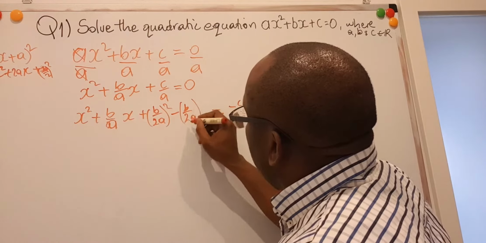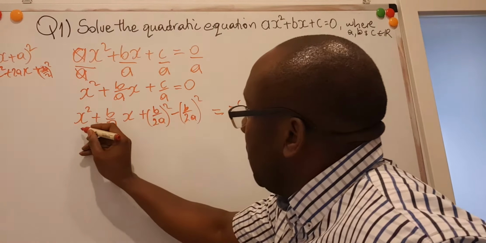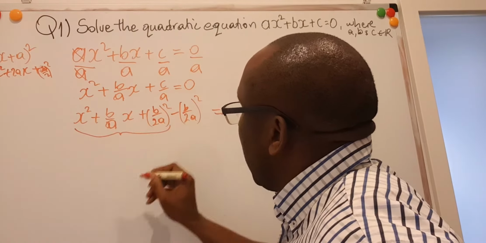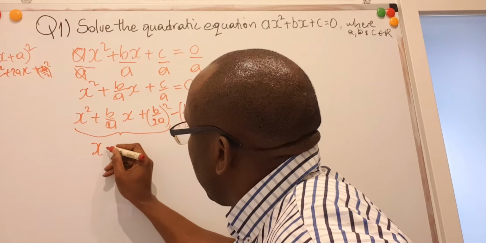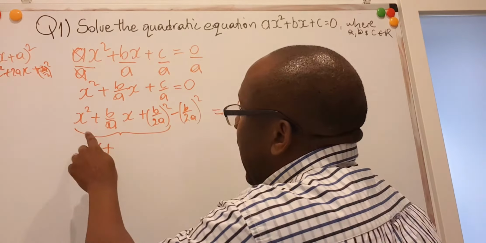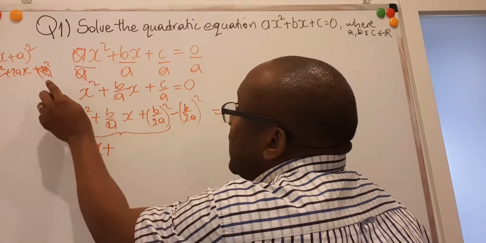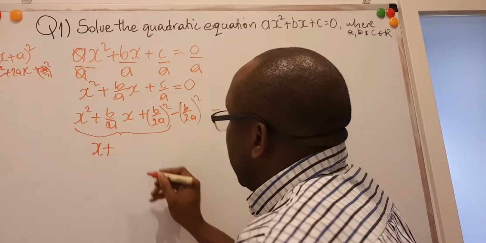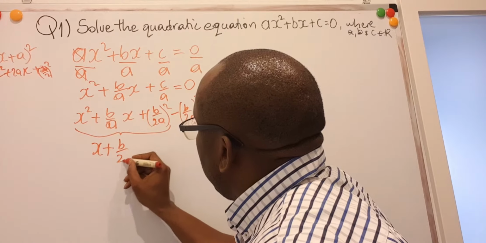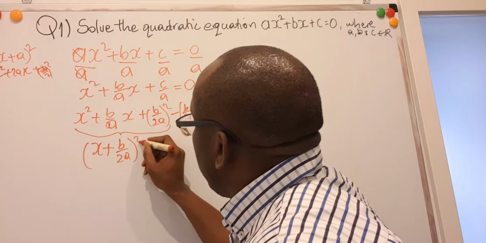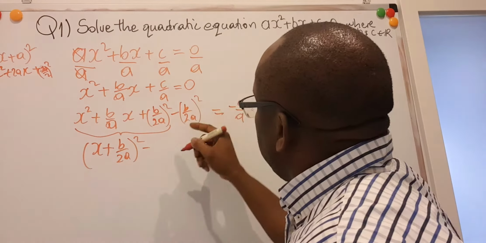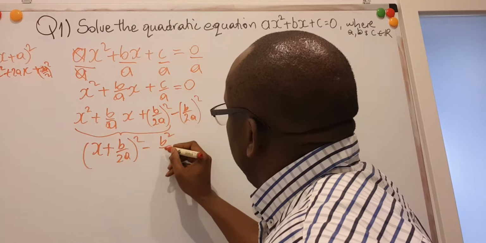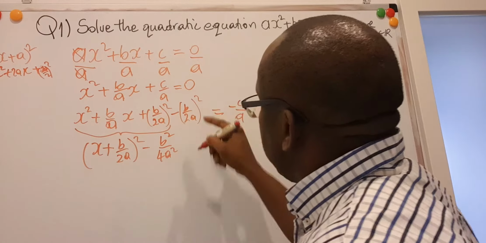So I subtract b over 2a, all that squared. By so doing, this part is now a completed square, x plus b on 2a, all that squared, minus b squared divided by 4a squared, which is the square of that.